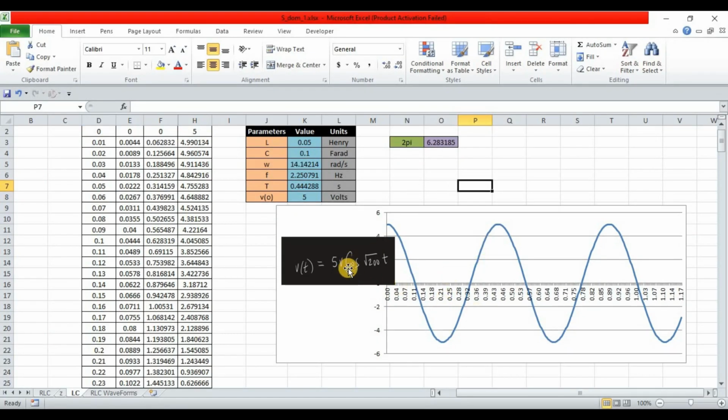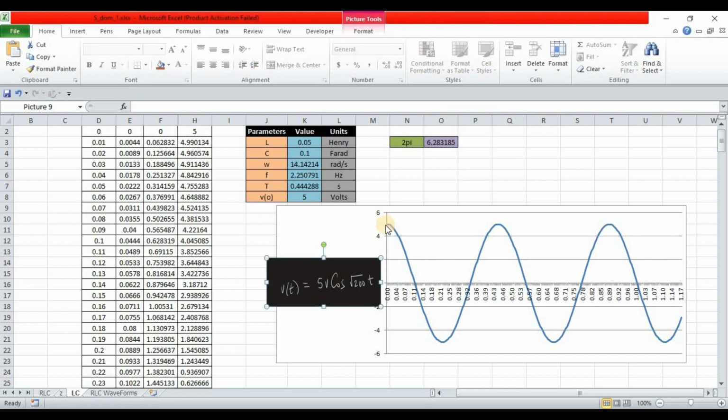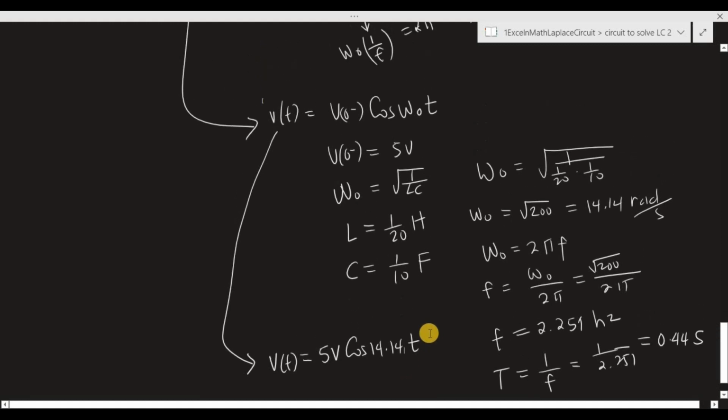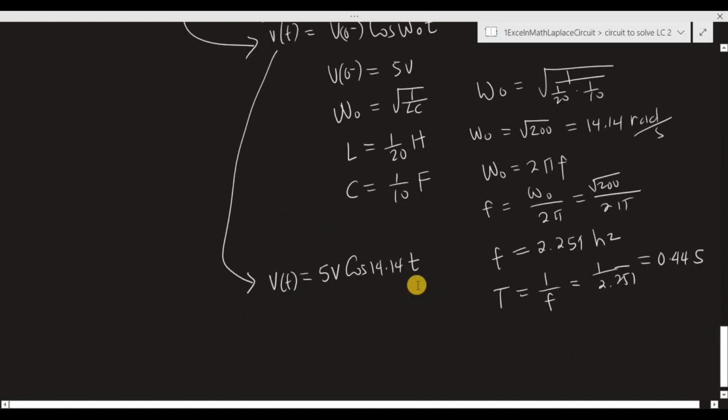Okay, so the amplitude is here, this is 5 volts, and the period is from this point to this point, this is one period, and as we can see, this is 0.44 seconds, and the frequency of this is 2.251 hertz. And because there is no resistance in the circuit, this V of t will continue to oscillate forever.